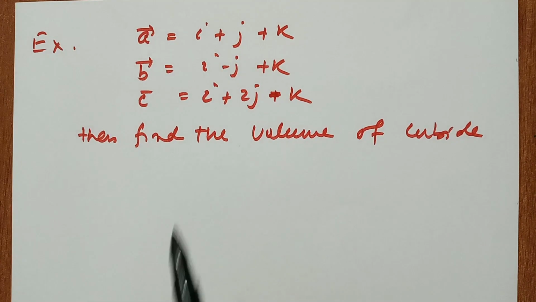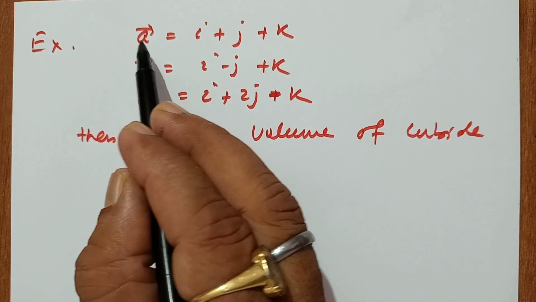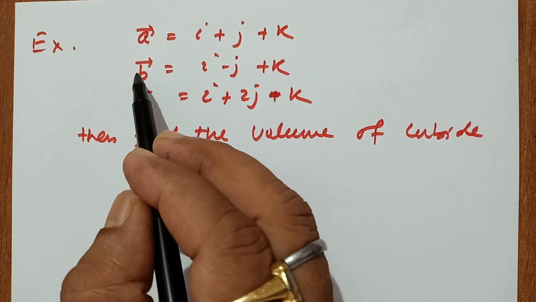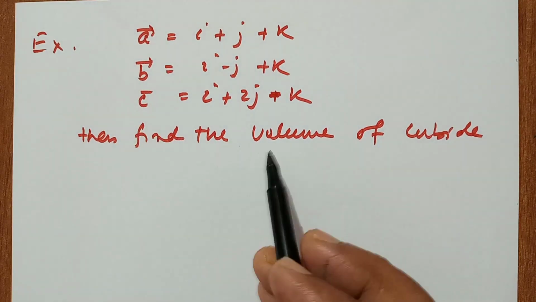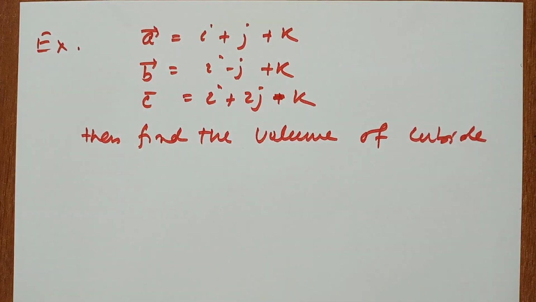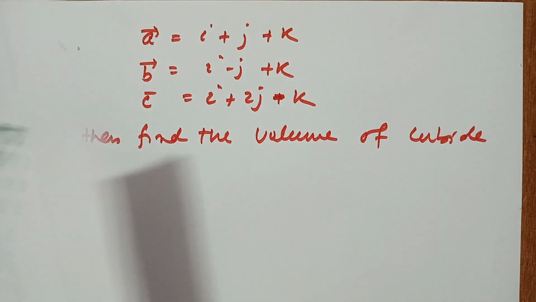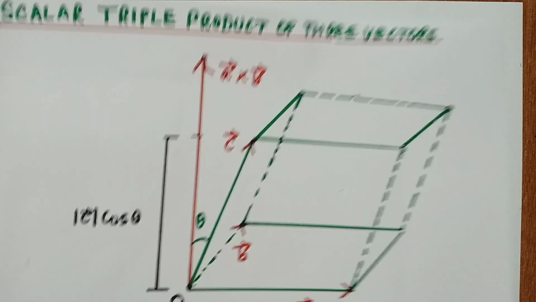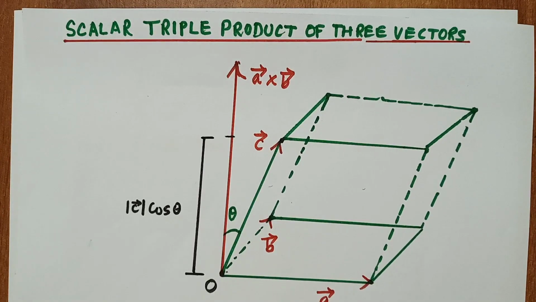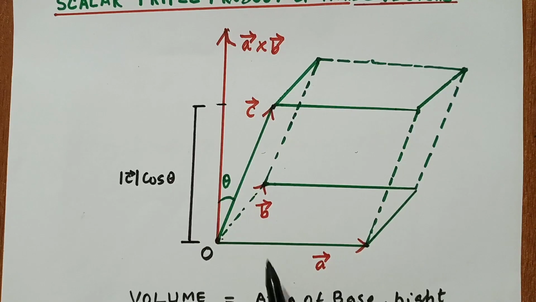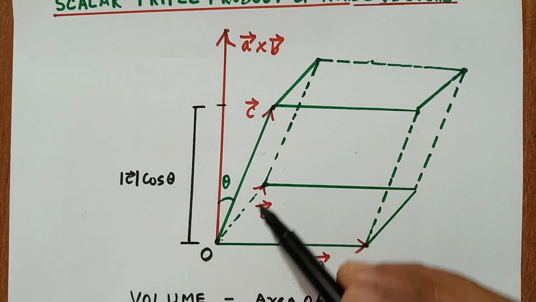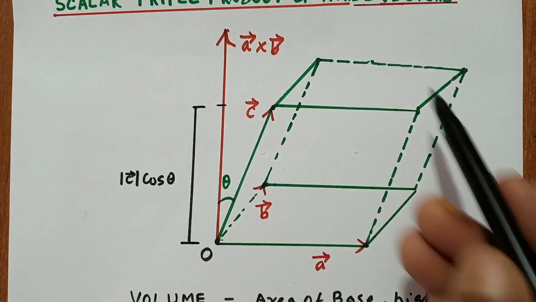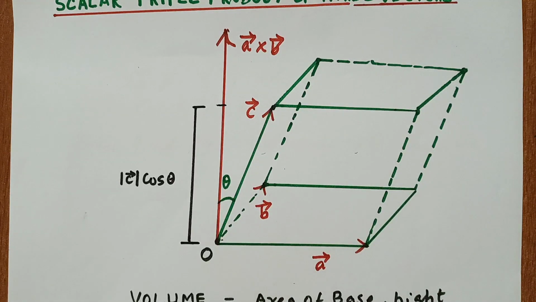This is an interesting problem. If there are three vectors A, B and C, find the volume of the cuboid. As we know, the geometrical interpretation of the scalar product of three vectors: this is vector A, this is B and this is C. The parallelepiped here is nothing but a cuboid.